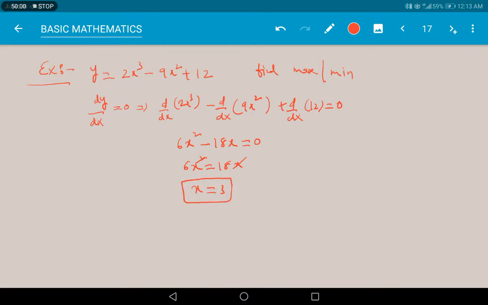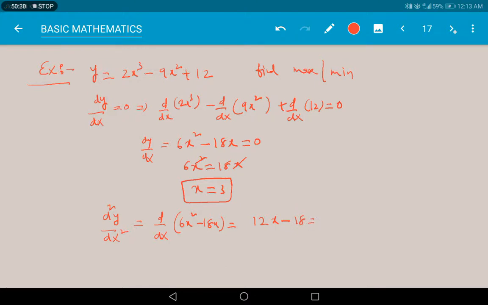Okay, then the second derivative, to find whether it is maximum or minimum. d square y by dx square. So what is the dy by dx function? This is the dy by dx function, 6x square minus 18x. The derivative of this is 12x minus 18.